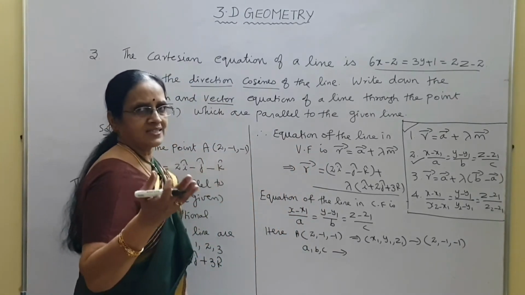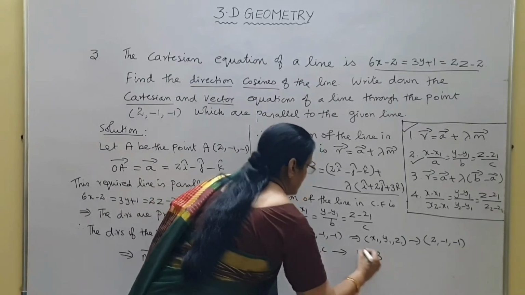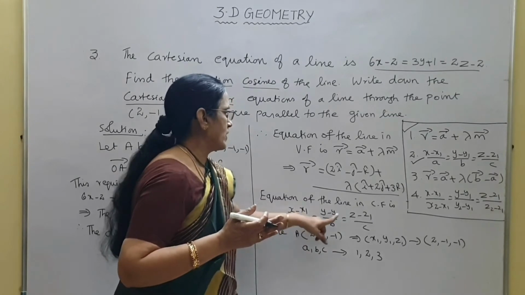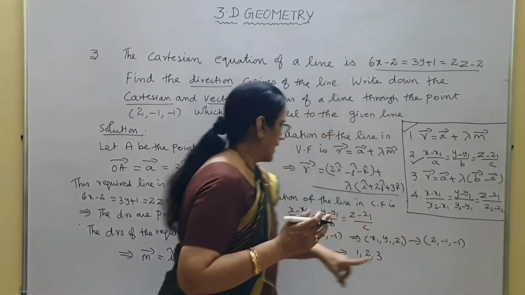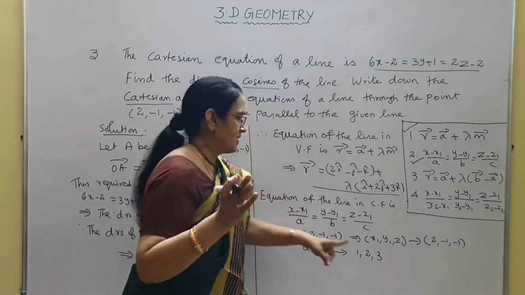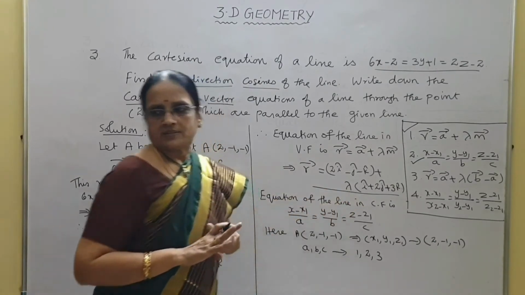That is what we got as the DRs. We need to substitute for x1, y1, z1 this 2, minus 1, minus 1, and for A, B, C 1, 2, 3. Then we will get the equation of the line in Cartesian form.